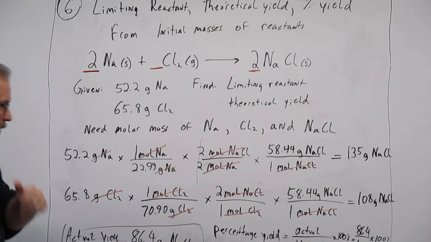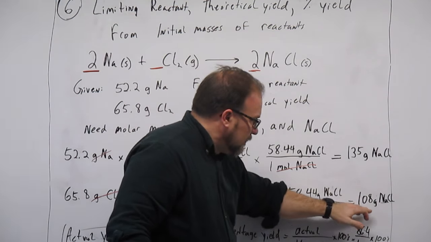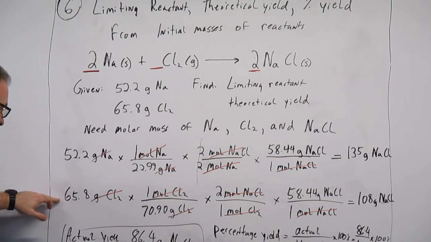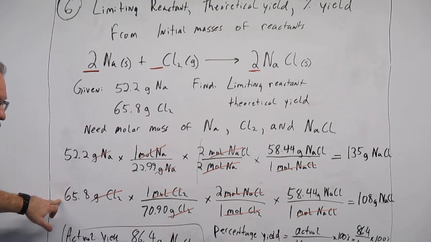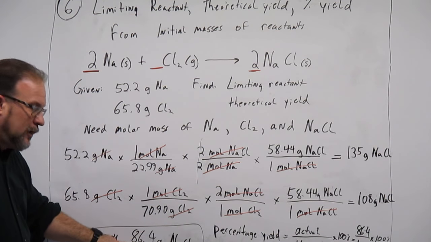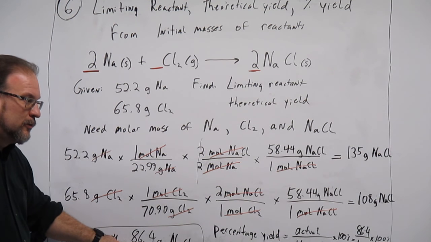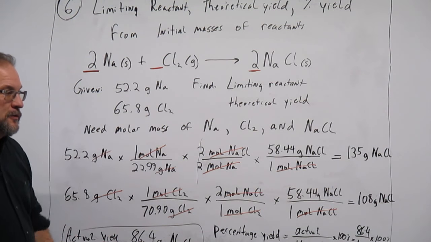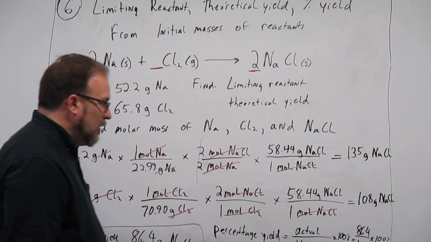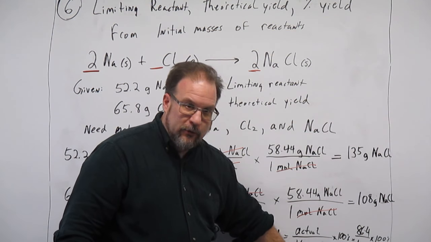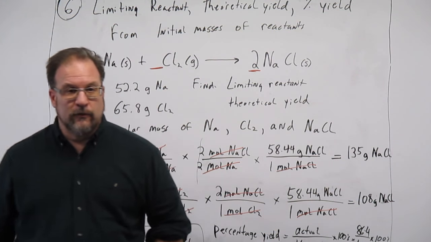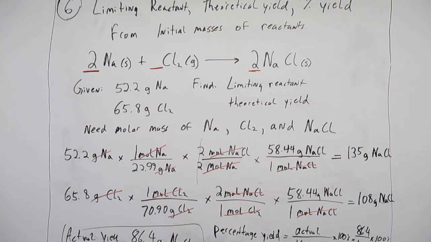And then you say, well, Professor Jim told us that you should get 108 grams of sodium chloride, provided I've got 65.8 grams of chlorine gas. But it turns out when you did the lab, you only got 86.4 grams of sodium chloride. That's because there's inefficiencies in the real world process. So this is kind of like an efficiency number. You're only 80% efficient, right? You're only getting 80% of what the theoretical is.